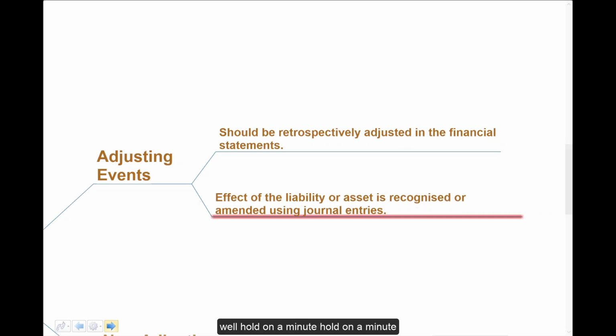Well, hold on a minute. Before we send these through for authorization for issue, let's put in this journal entry to adjust these accounts for this adjusting event. That is what the standard says. We have to do it. End of story. There's no, well, I don't really want to. You have to. That's what the standard says. We need to adjust the accounts.